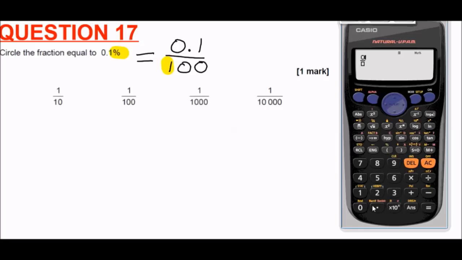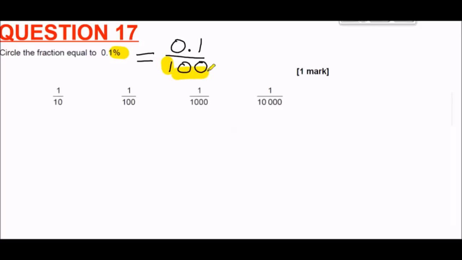So 0.1 out of 100, then we can press equals. And it gives us the answer straight away. So really, this one is easy once you know what you're doing. And so 0.1%, which means 0.1 out of 100, that's 1 out of 1,000.